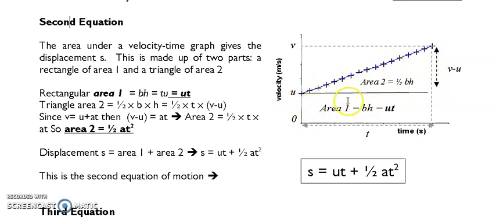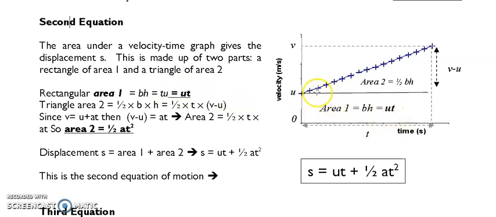To work out the area of area 1, the rectangle, we use the formula base times height. In this situation, the base is given the symbol t, and the height is given the symbol u. So we can write area 1 as base times height, t times u, and t times u is exactly the same as u times t. So we say that area 1 is equal to u times t.